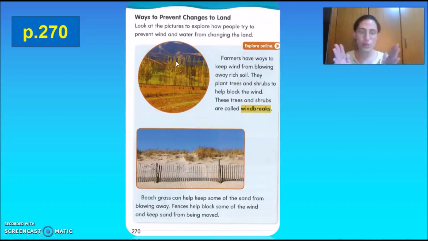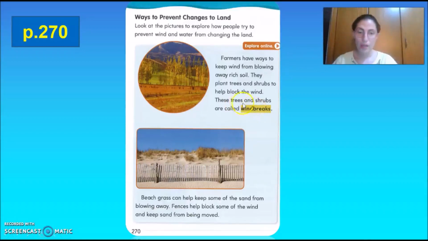It will stop it from reaching the rich soil. So instead, the wind will hit the trees and pass over them instead of directly reaching the rich soil and carrying it away. And in that way, the farmers would what? Protect their lands from erosion by wind, and they would help protect the rich soil.